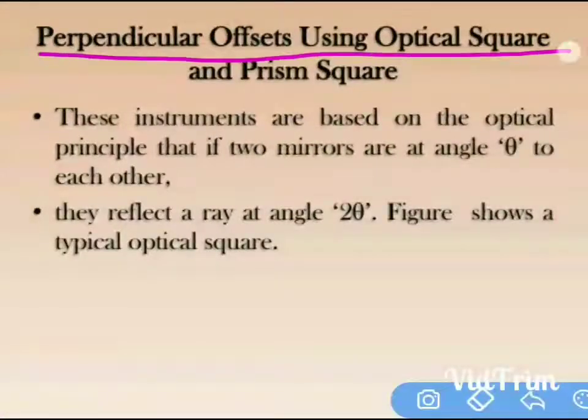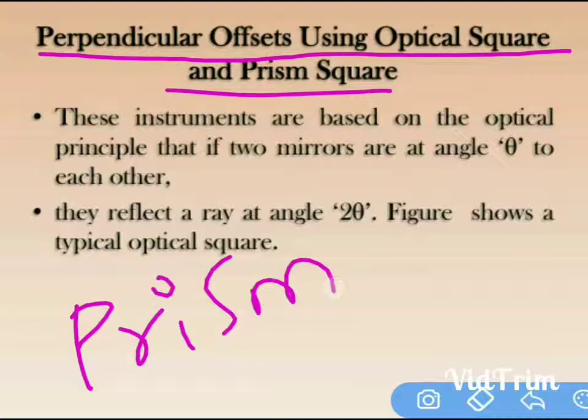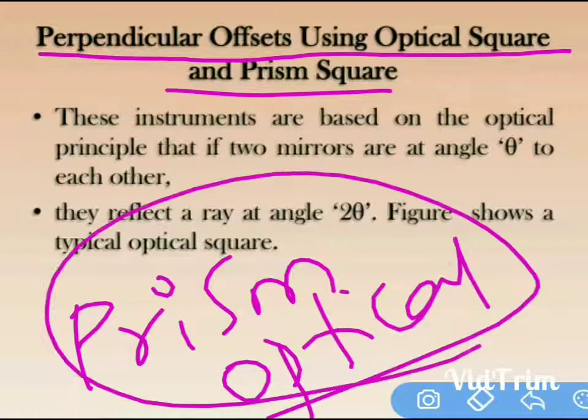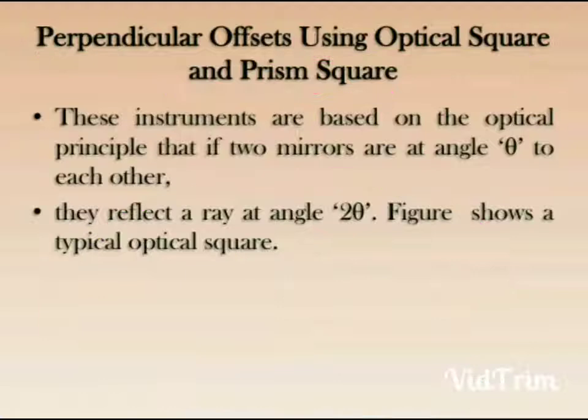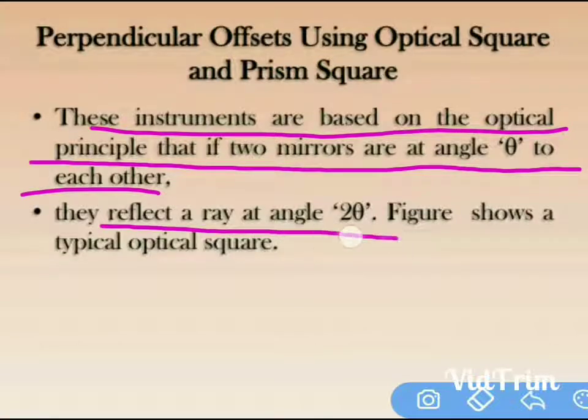Next, perpendicular offset by using optical square and prism square. Keep in mind, the prism square and optical square we are using to set the perpendicular offsets in the objective. Very important. These instruments are based on the optical principle that when two mirrors are at an angle theta to each other, the reflected ray is at 2 theta degrees.